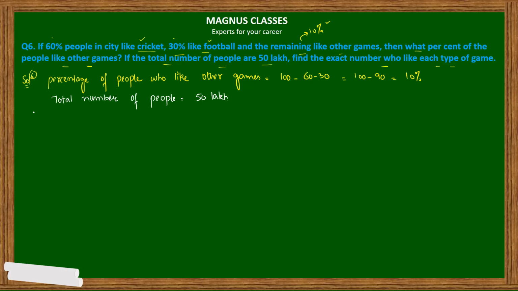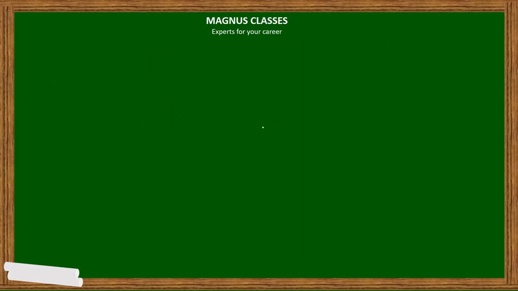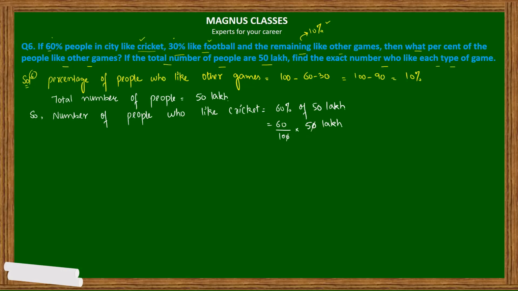All right, so the number of people who like cricket. 60% of people like cricket, so you will say 60% of 50 lakh. You will write it as 60 divided by 100 multiplied by 50 lakh. Look carefully. So this 0 gets cancelled out, this gets cancelled out.